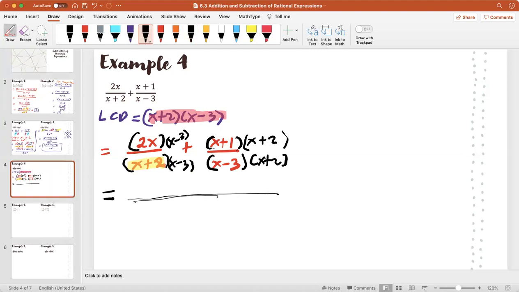That's 2x times x minus 3. Or we want to multiply that now. Let me just do it like this first.